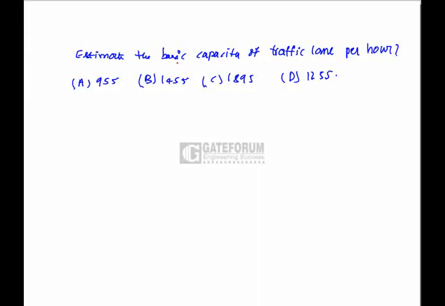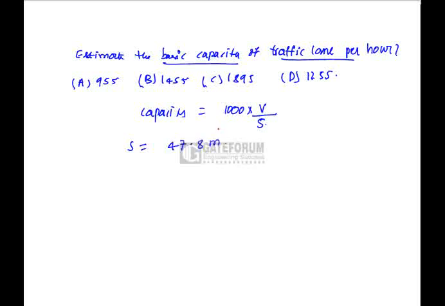We have to find out the basic capacity of the traffic lane per hour. We know the basic capacity is equal to 1000 into speed of the vehicle divided by the average center to center spacing of vehicles. From the previous question, we know that the average center to center spacing of the vehicle is 47.8 meters, and the data given in the above problem, vehicle speed is 60 km/h.